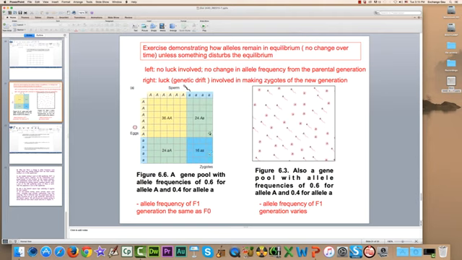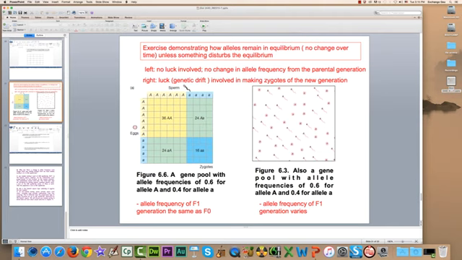Okay, this is the genotype frequency for the gene pool that we looked at here with this allele frequency of 0.6 and 0.4. What I didn't do that I would like to add here is that if you take the allele frequencies given here, 0.6 and 0.4, and you put them into the p squared plus 2pq plus q squared expression, you end up with a genotype frequency of 0.36, 0.48, and 0.16.